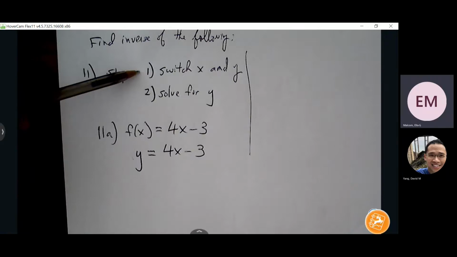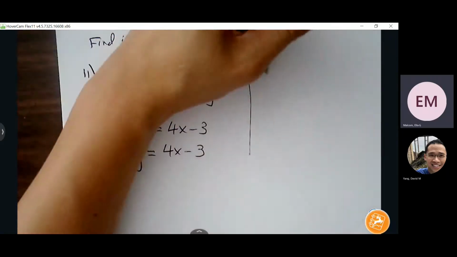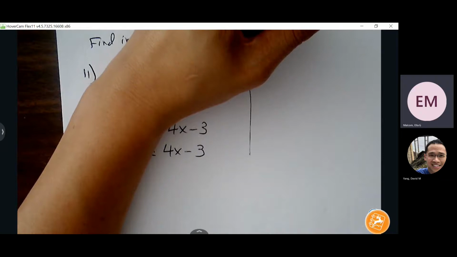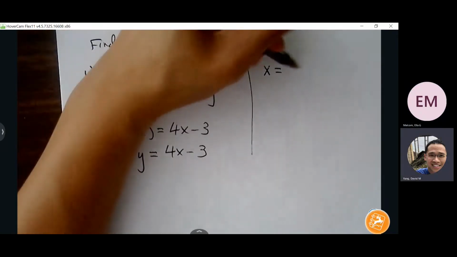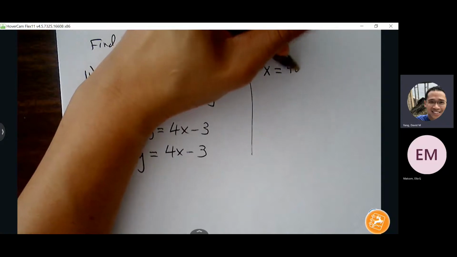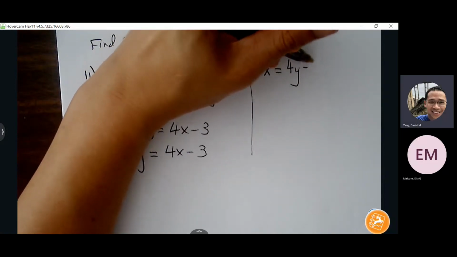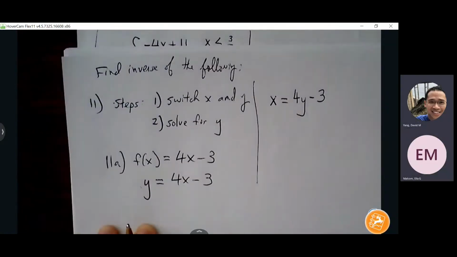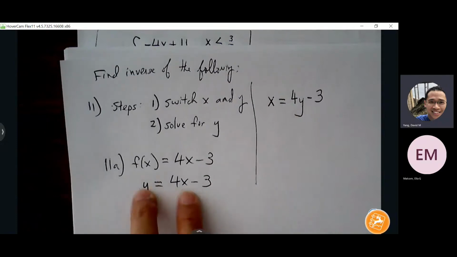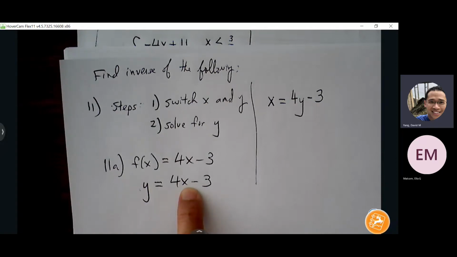Okay, so that's going to be x equals 4y minus 3. So I'm literally just making a clean substitution. Everywhere I see a y, replace it with an x. Everywhere I see an x, replace it with a y.